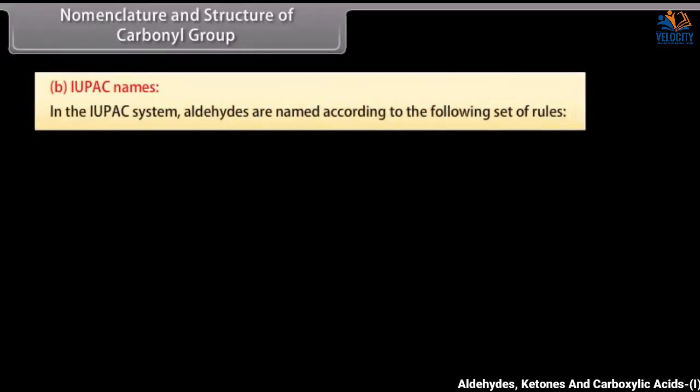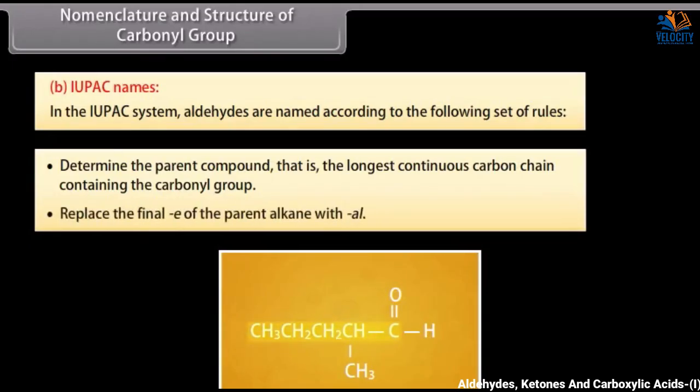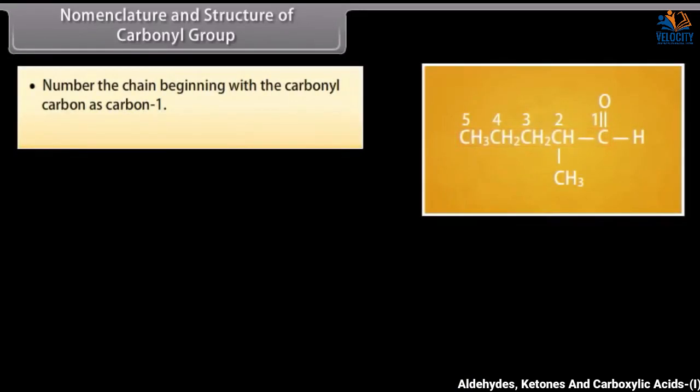In the IUPAC system, aldehydes are named according to the following set of rules. Determine the parent compound, that is, the longest continuous carbon chain containing the carbonyl group. Replace the final E of the parent alkane with AL. Number the chain beginning with the carbonyl carbon as carbon 1. Number and name all substituents.